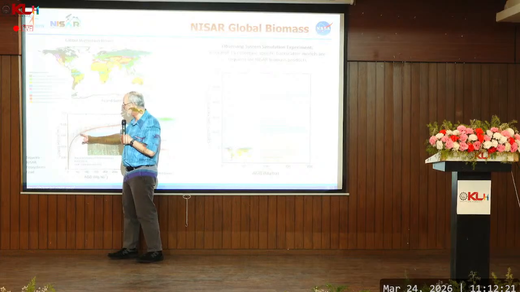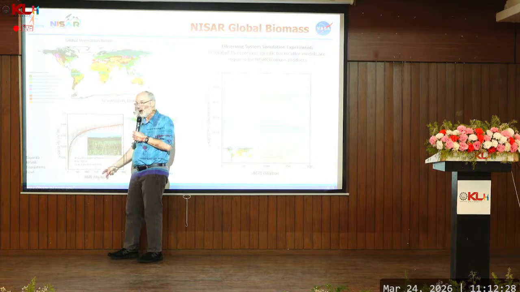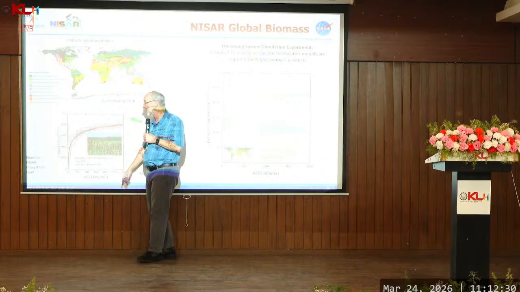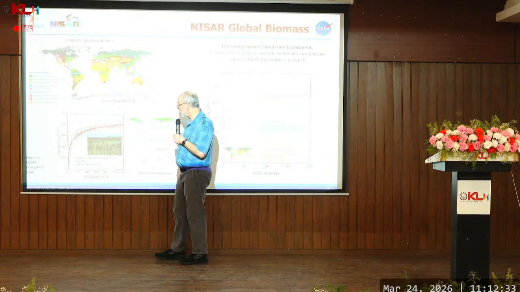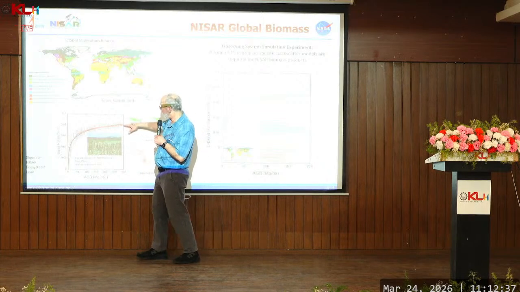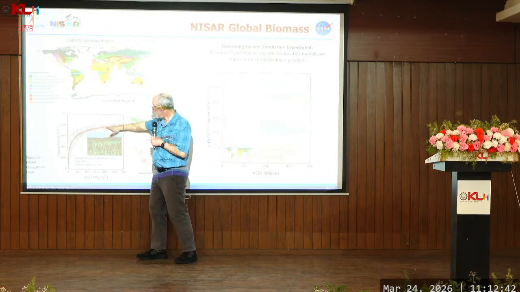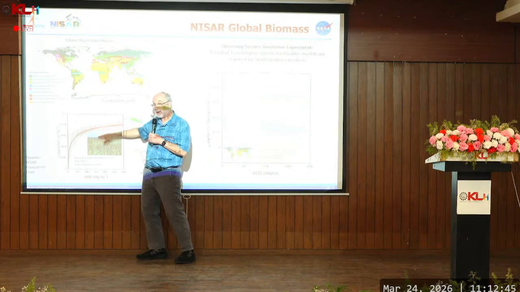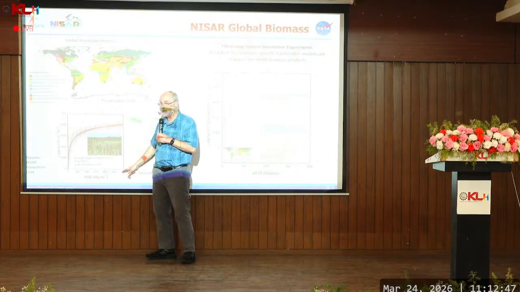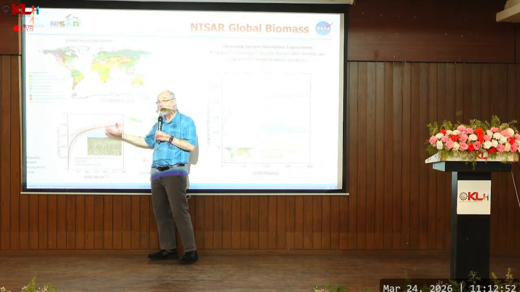If you measure a particular backscatter level up to a certain point, you should be able to estimate the above-ground biomass. This happens to be for a boreal forest, which is nice and sparse, relatively low biomass. But modulo the error bars, you're getting a unique correspondence all the way up to 300 megagrams per hectare in this particular case. That's very promising if this actually works in all different biomes around the world.